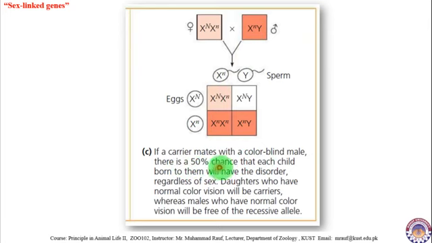There is a 50% chance that each child born to them will have the disorder regardless of sex, maybe male, maybe female. Daughters who have normal color vision will be carriers, whereas males who have normal color vision will be free of the recessive allele.